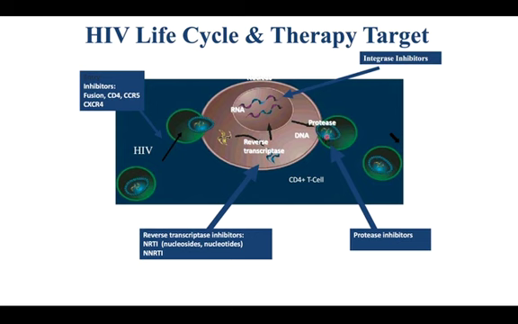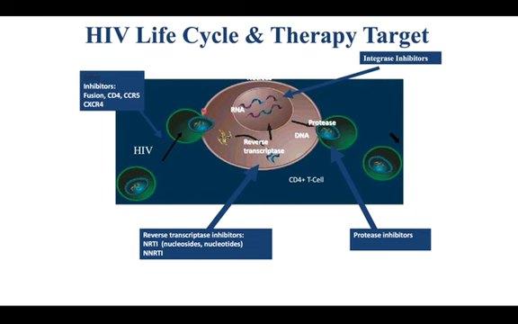So the critical stages of the HIV life cycle are attachment, fusion, reverse transcription, integration, and then cleaving and cutting of long polyprotein chains by protease, right?